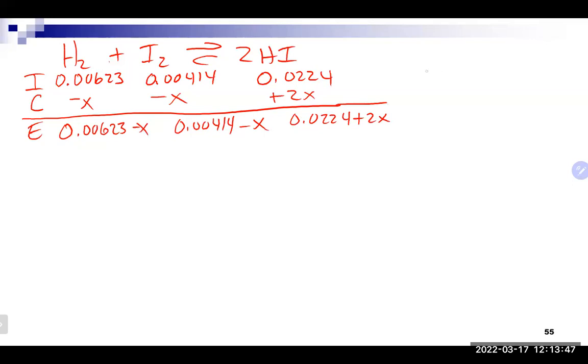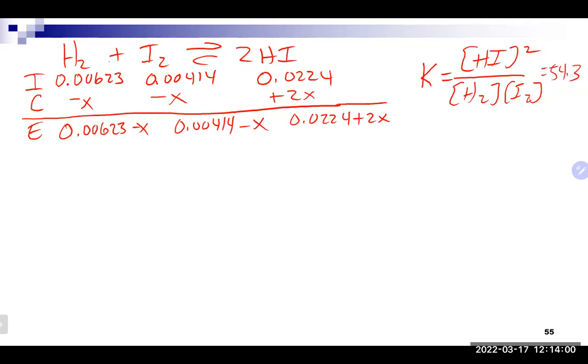We can write our expression, which is the same one as the previous problem, which will be HI squared divided by H2 and I2, and that is still equaling our 54.3.